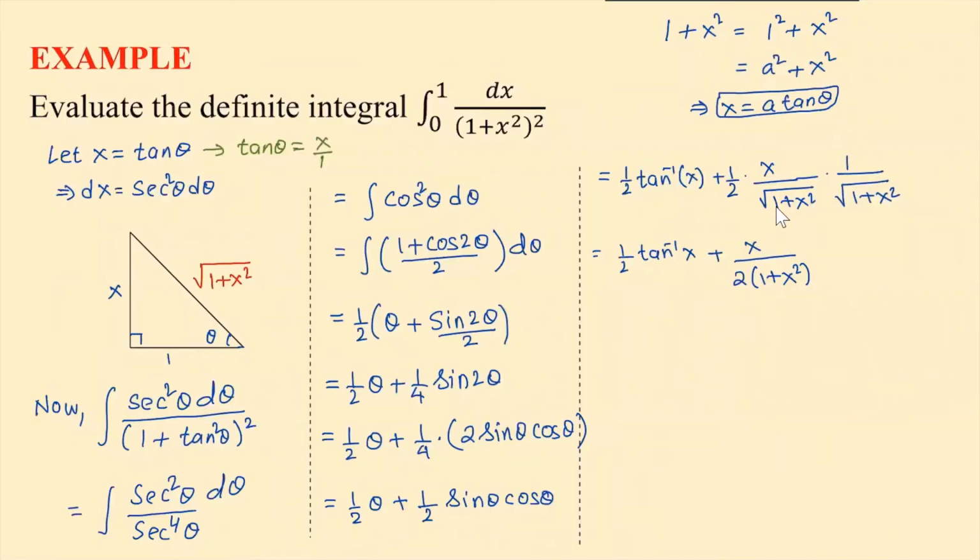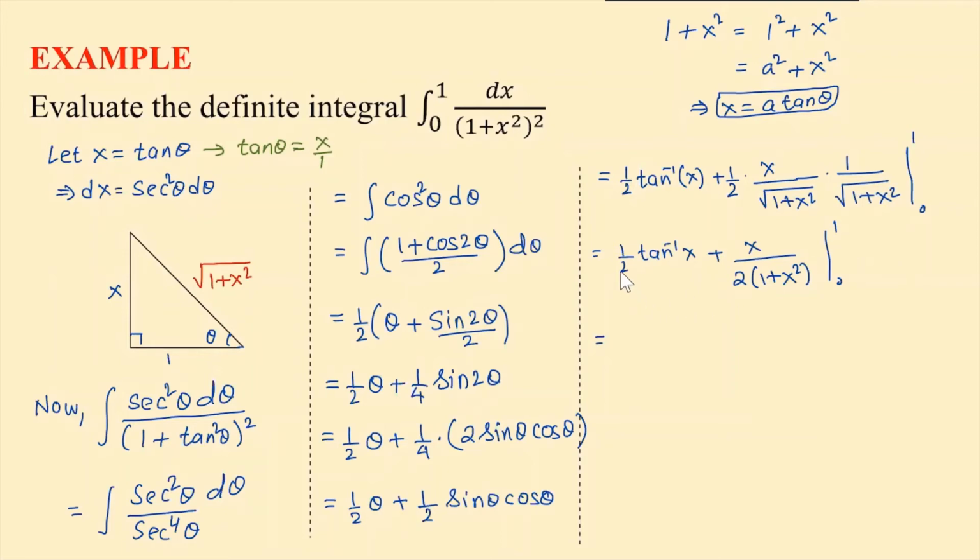So we got the result in terms of x, but this is a definite integral. So we have to use the fundamental theorem of calculus and evaluate between 0 and 1. First we plug in the upper limit 1.